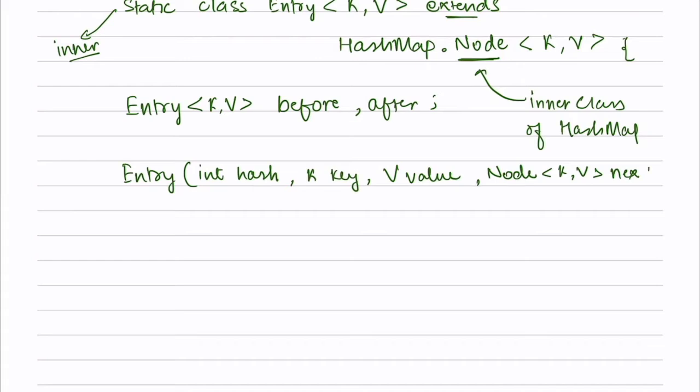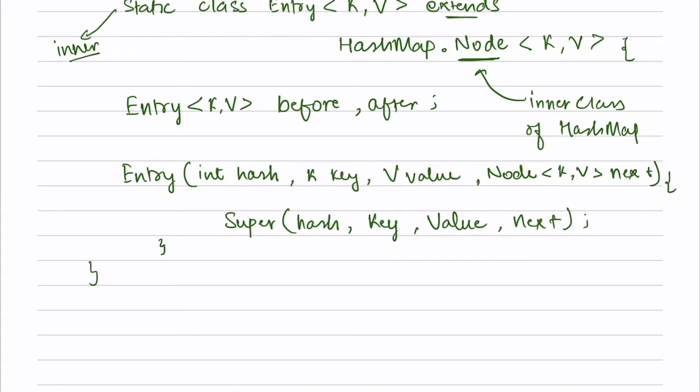This constructor calls the super keyword, that means the super class constructor, that is the parent class constructor. If you don't know this concept, go and study how you call the parent class or super class constructor. The super keyword is used. So this is how this node is created.